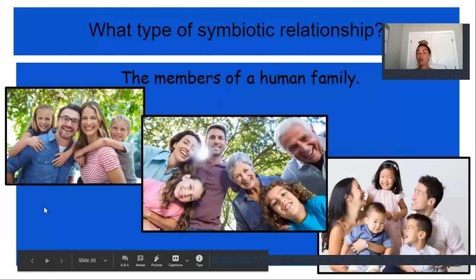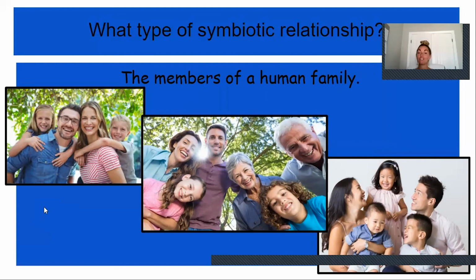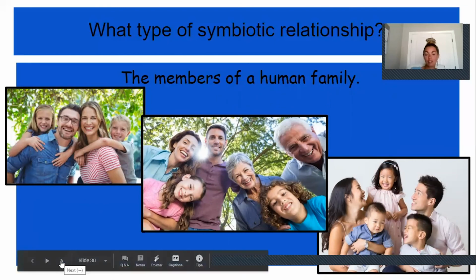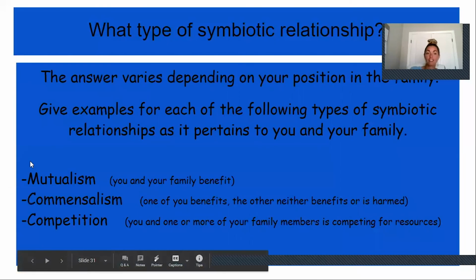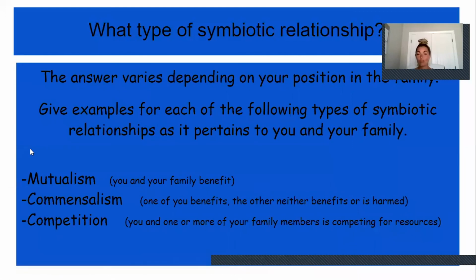All right. What type of symbiotic relationship do members of the human family have? The next page is another question, so you can still take time to answer it. So, the human family, it can vary depending on your position in the family, right?